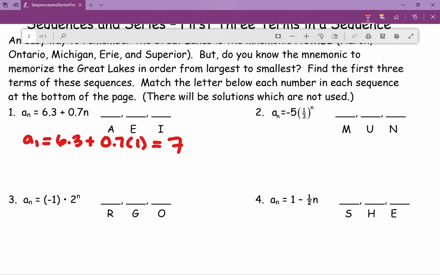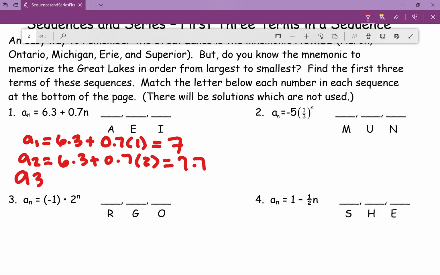Then to find the second term, I just plug in 2. So A2 is equal to 6.3 plus 0.7 times 2. Again, plug that into our calculator. And we will get 7.7. And then to find the third term, we're going to plug in 3.